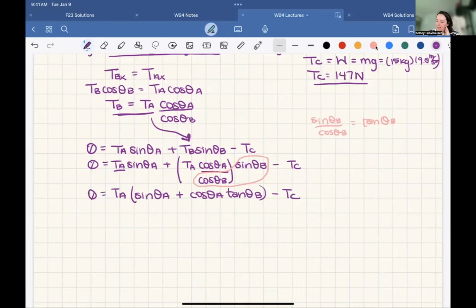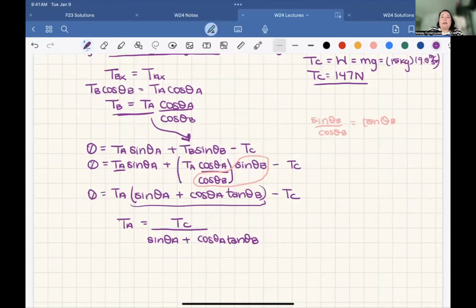Okay, and then we can add TC to both sides and also divide both sides to give us tension in A by itself. So then we have TA equals TC divided by sine of theta A plus cosine of theta A tangent of theta B.